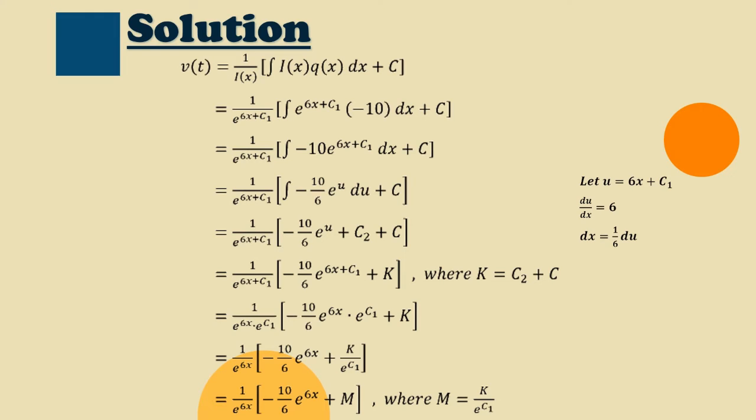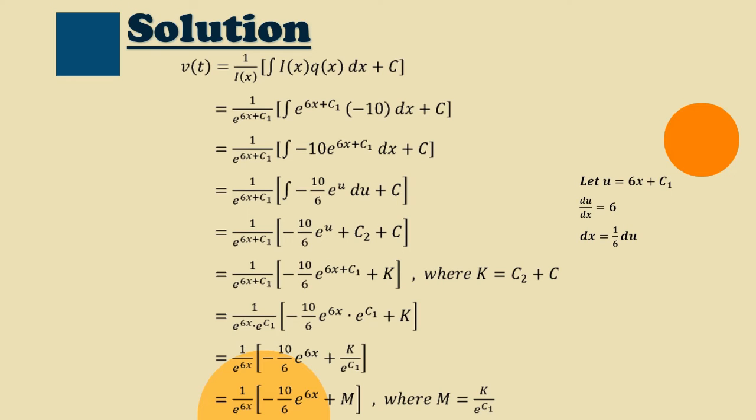To perform the integration, we use the substitution method where we let u equals 6x plus c1, du/dx equals 6, dx equals 1/6 du, and we substitute dx into the equation. After the simple integration, we substitute back u equals 6x plus c1 and reduce the constants by defining k equals c2 plus c.